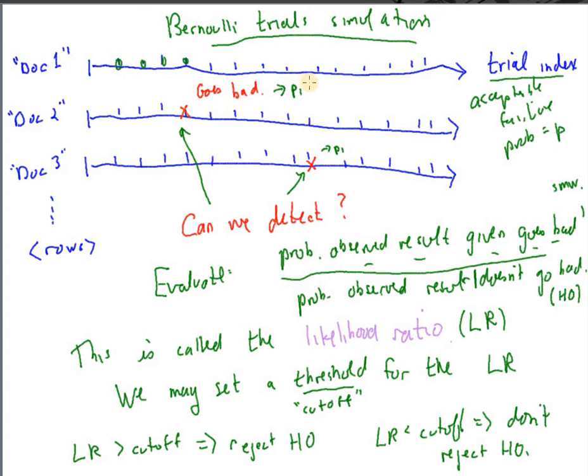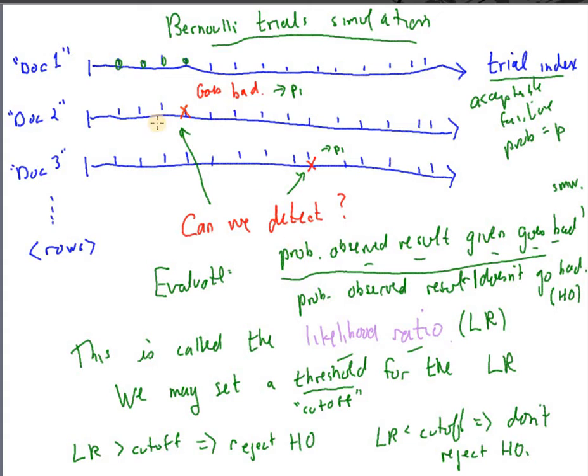So we're looking at his record and we say, what's the probability of this happening if he went bad somewhere during the trial sequence? And we're going to divide that by the probability that we get the result that we saw, given that he's fine, that nothing went wrong. Okay? This is called a likelihood ratio. And there's some theory behind this, but this is the right way to distinguish between these two cases.